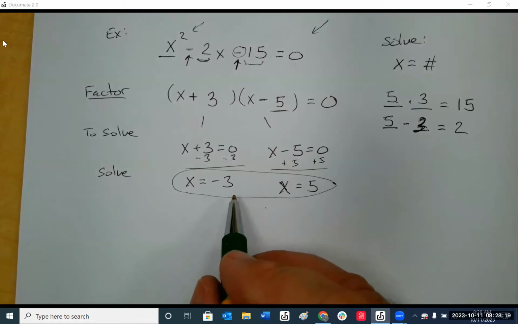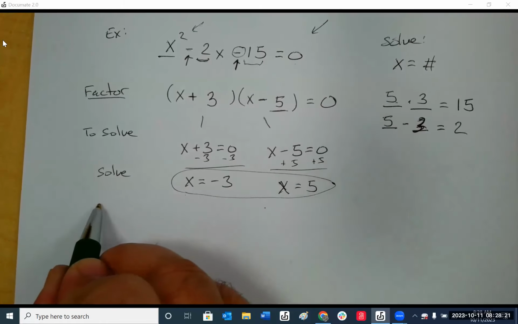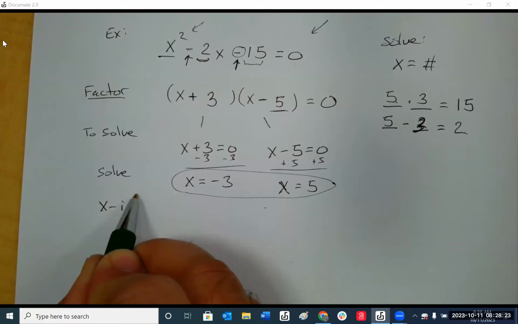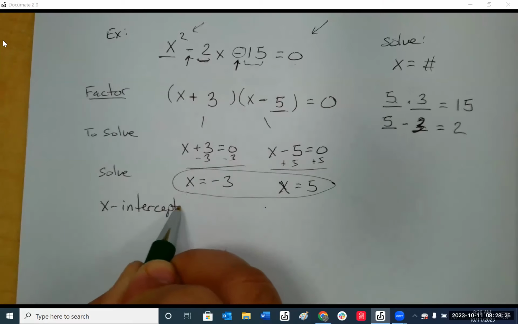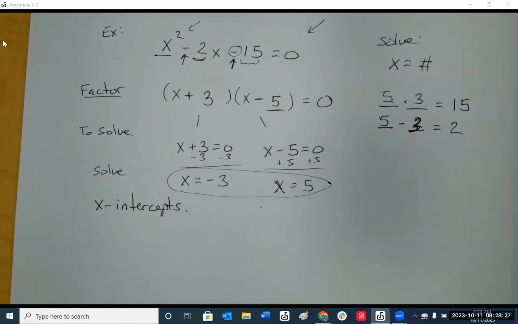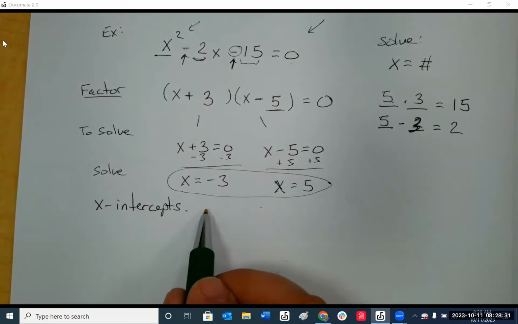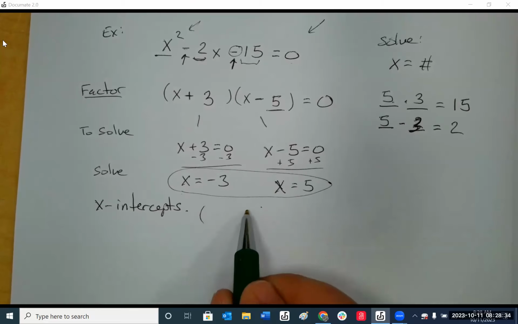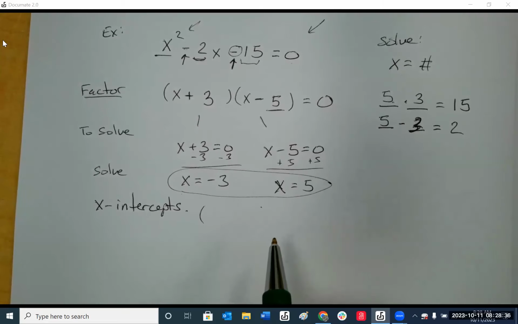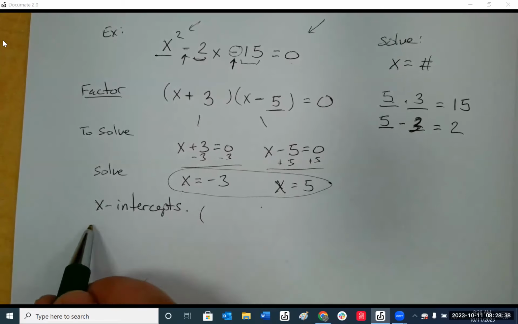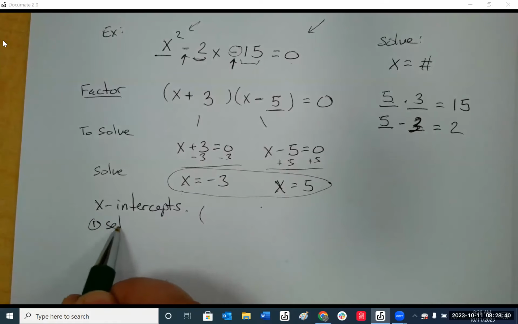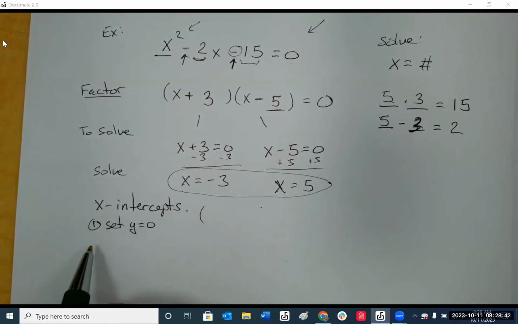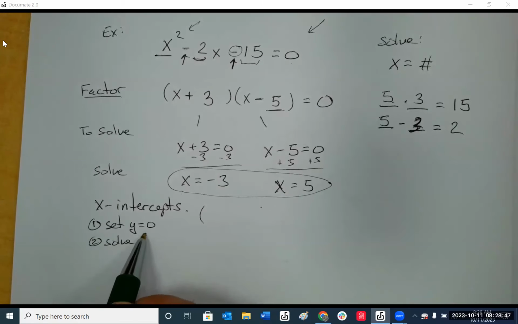Remember, these are solutions. These are also our x-intercepts. Remember in chapter 1, when we discussed x-intercepts, the way you find the x-intercept is your first step: set y equal to 0 and solve for x.